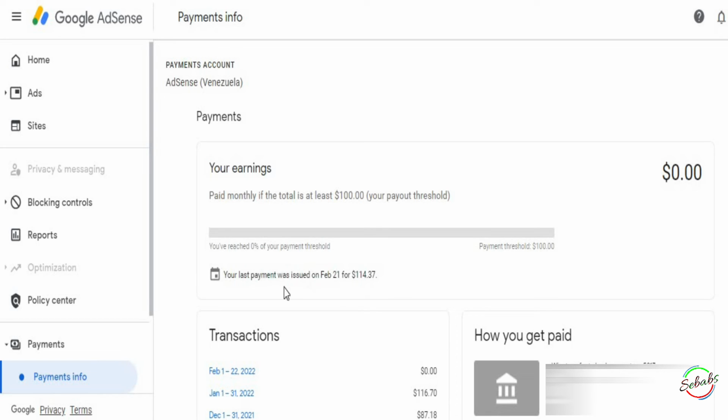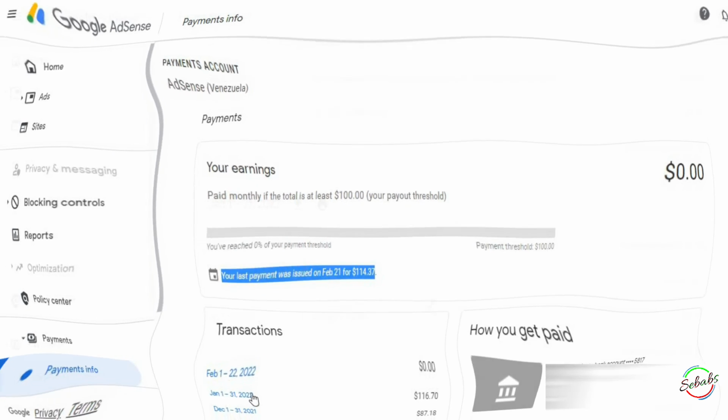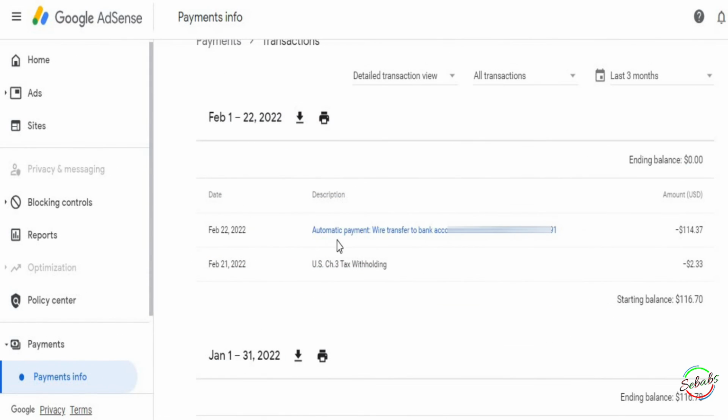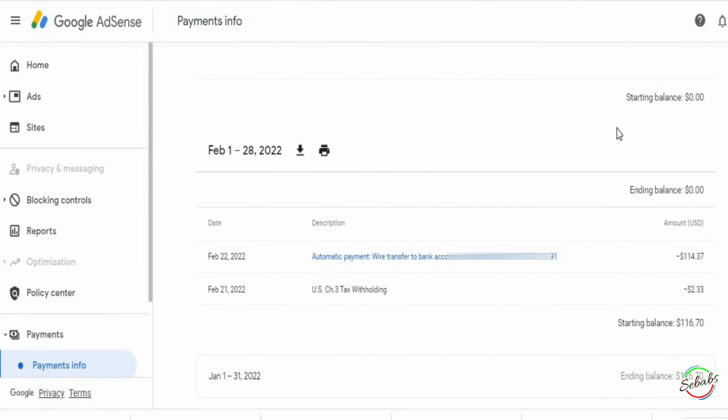So we can see right now it says your last payment was issued on February 21st for 140, and today is the 22nd of February, and here you can see automatic payment. There is no pending this time around, just wire transfer to bank account. So finally, I'm happy to share with you guys that YouTube paid me. I'm in Venezuela and I hooked up my bank account with YouTube and I definitely got paid.